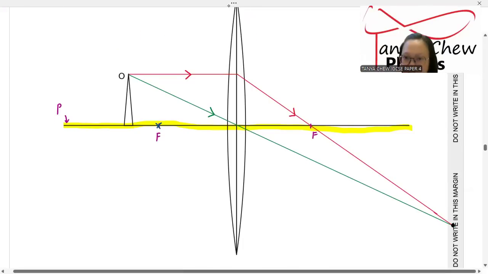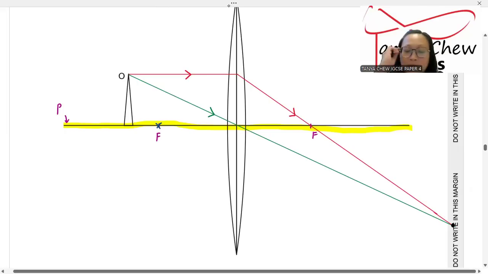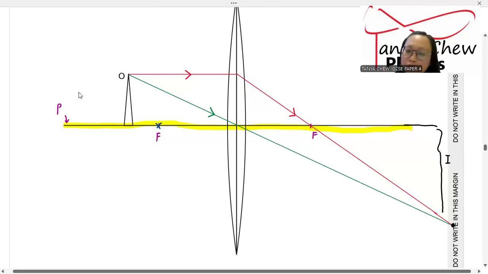You just imagine that this is a very nice one. You have to measure it; without measurement, you couldn't possibly get it. So why I say the principal axis is a horizontal line where all the measurements are based, because this is where the location of the image is being formed. So you can compare.